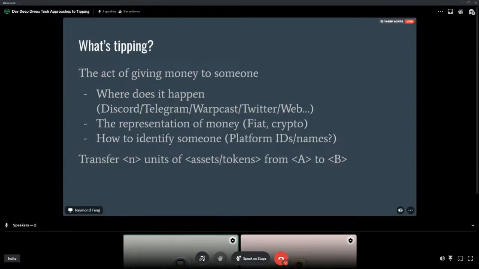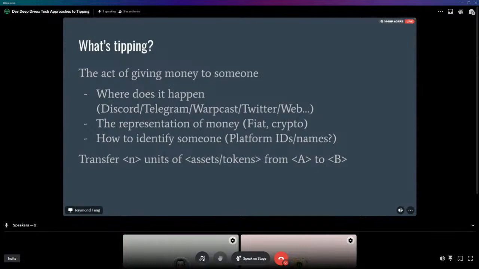So first of all, let's talk about what is tipping. You might have your own definition, but I searched Google and it gives me this simple sentence: tipping is the act of giving money to someone. That's really easy to understand. But of course, tipping has different purposes.